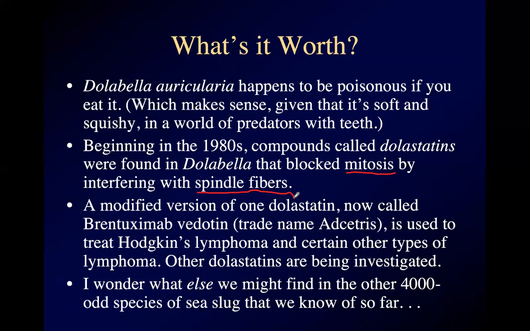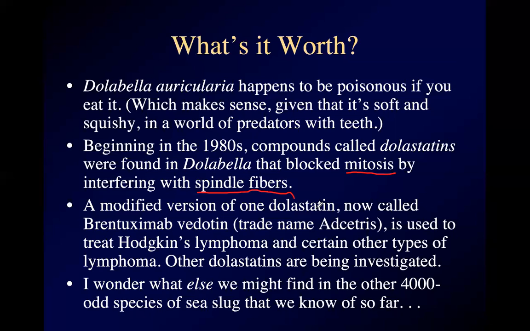There is now a modified version of one dolastatin called brentuximab vedotin that's being used to treat certain types of a cancer called lymphoma, notably a type of cancer called Hodgkin's lymphoma. I'm not sure if it's being used to treat the cancer that my wife's mother has. She has another type of lymphoma, but it might. It's now a chemotherapy agent that sometimes can save or prolong lives.